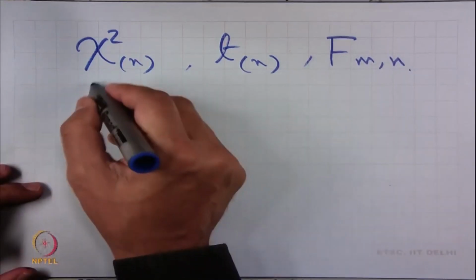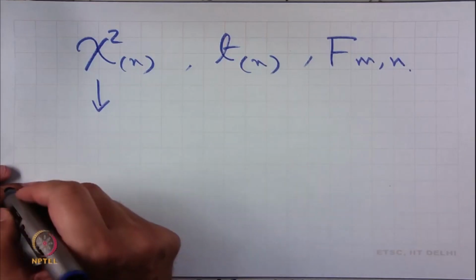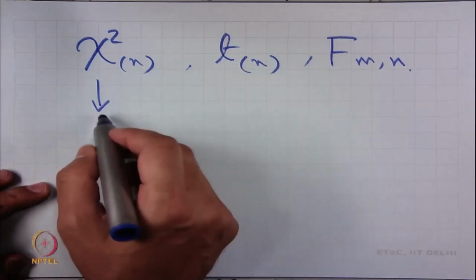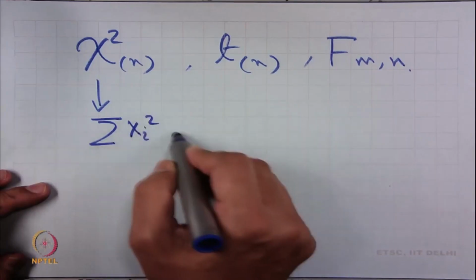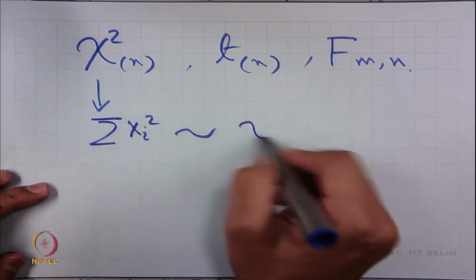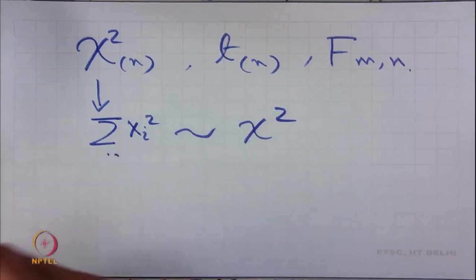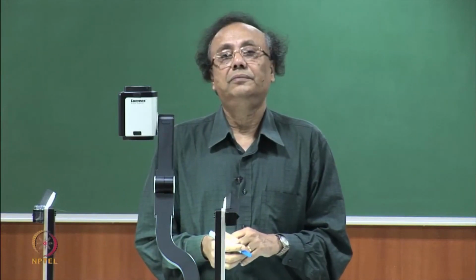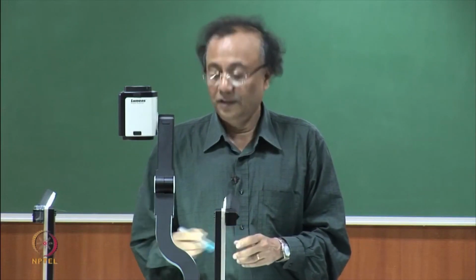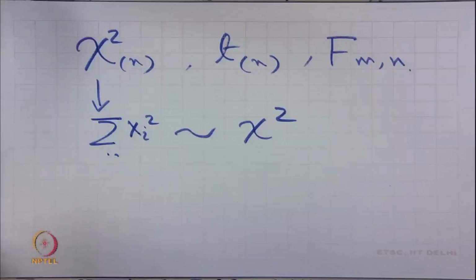Let us first look at chi-square. Sigma xi square gives rise to chi-square. Now, suppose x is normal with mean 0, then variance of x is actually expected value of x square.